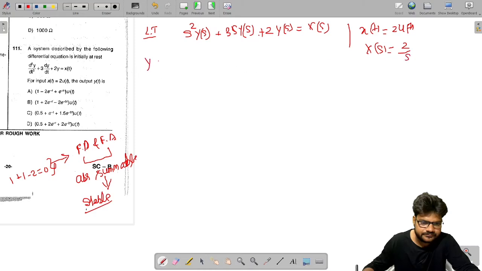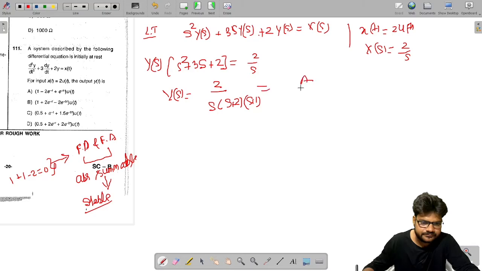So let's take Y(s) common from here, and we will get s square plus 3s plus 2 equals X(s), which is 2 by s, right? We have to find out y(t). So Y(s) is going to be 2 by s, let's factor it, this is going to be s plus 2 and s plus 1.